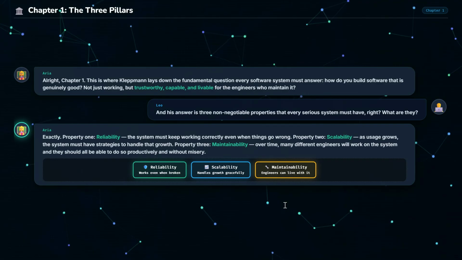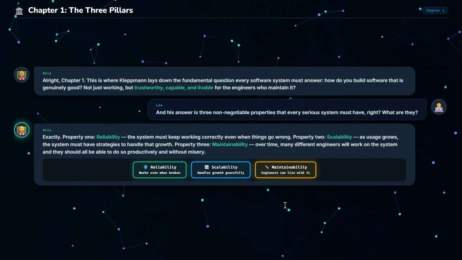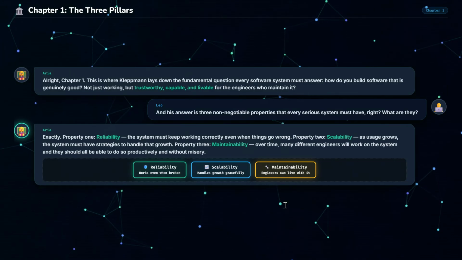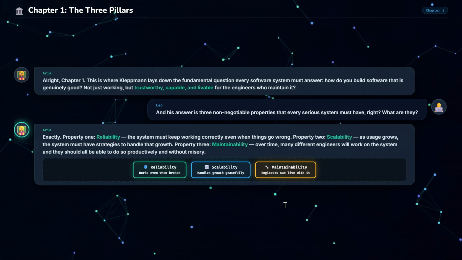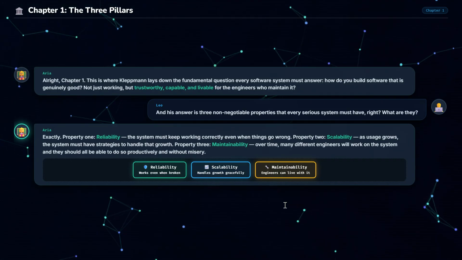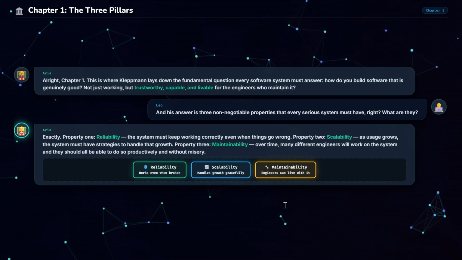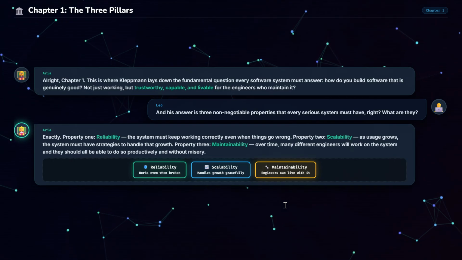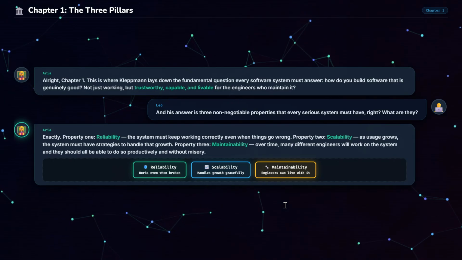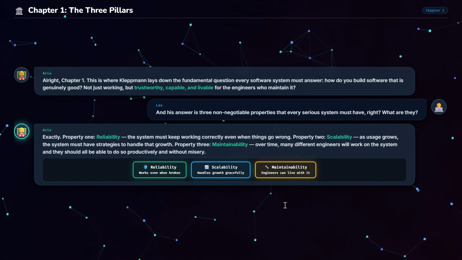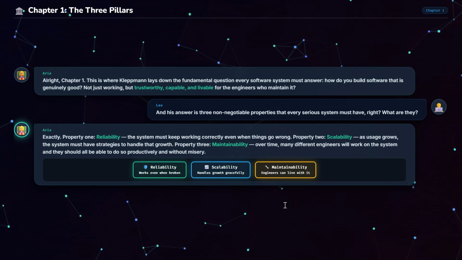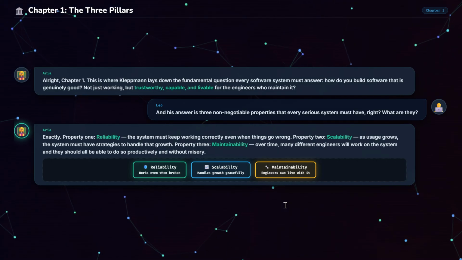As usage grows from 100 users to 100 million users, the system must have well understood strategies for handling that growth. And property 3. Maintainability. Over time, many different engineers will work on this system, and they should all be able to do so productively and without misery.